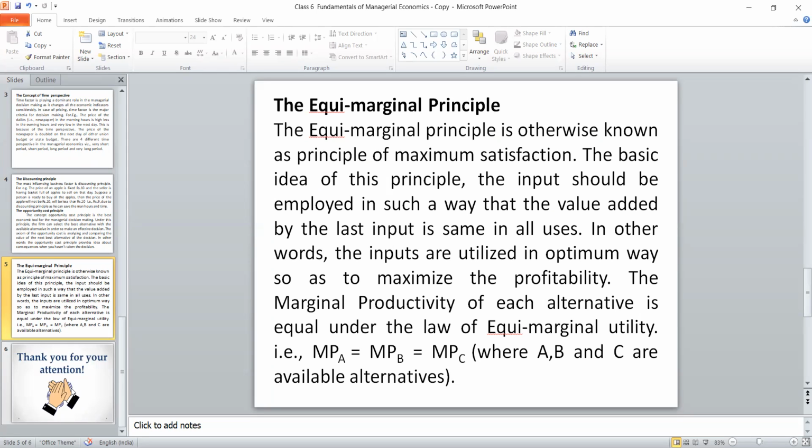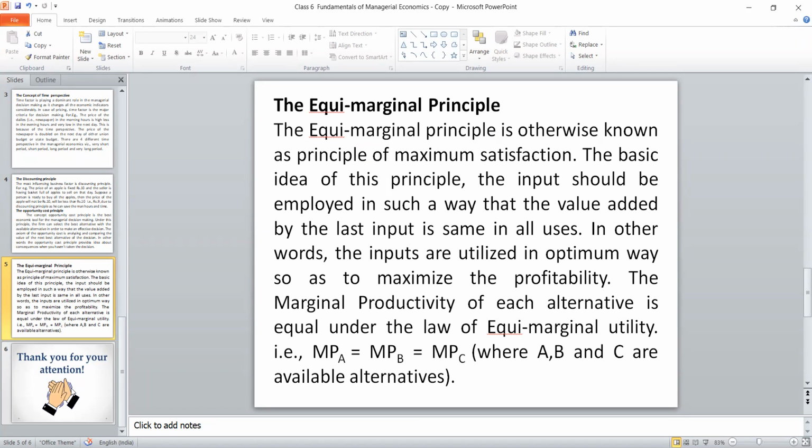The marginal productivity is the same, but whether you are reaping more profit or not is the criterion. Suppose you have 1 lakh rupees as the resources. Whether you produce A, B or C, the productivity is the same, 1000 only. But out of these, you have to decide which product will give more return and employ the resources on that. That is why the marginal productivity of A equals that of B and that of C, where A, B, C are the available alternatives.